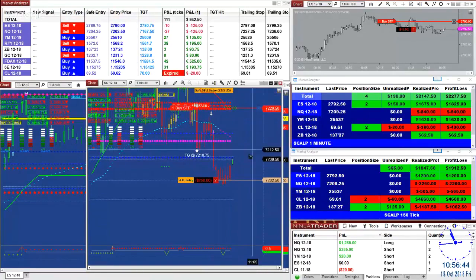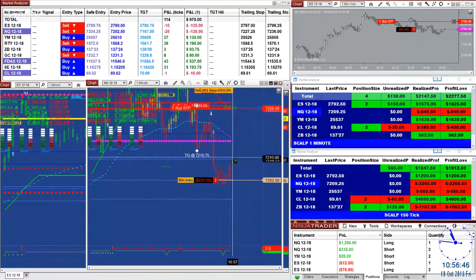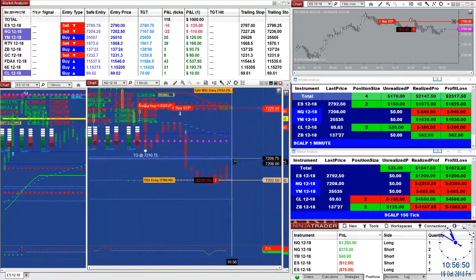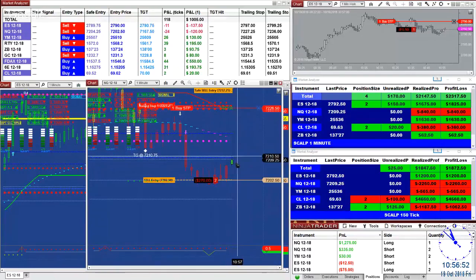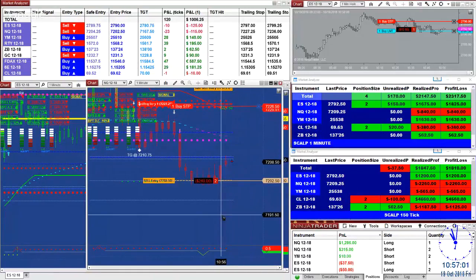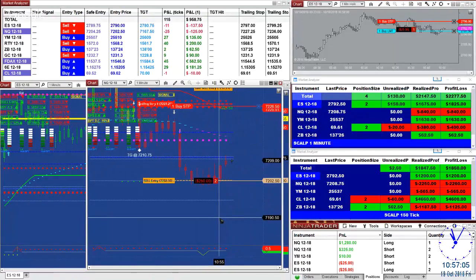But notice how this ES is on a double resistance and is flirting with that double resistance, trying to penetrate that wall right there. So sometimes the market is not so obvious.